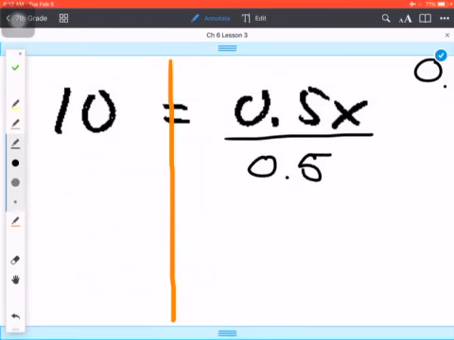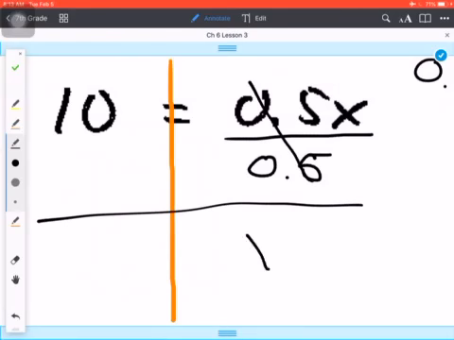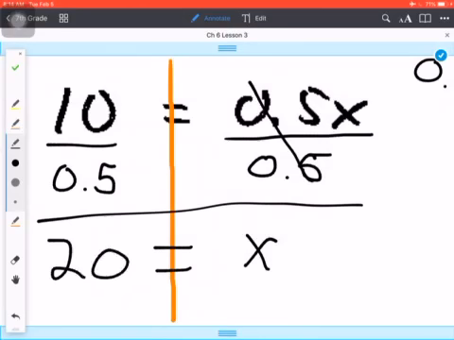Because now this fraction, 0.5x over 0.5, simplifies to just x. And if I do the same on the right side, be careful now, because we have a 0.5 instead of just a regular 5. The answer to this question is really 20. And if we go back and check, 0.5 times 20 would be 10.